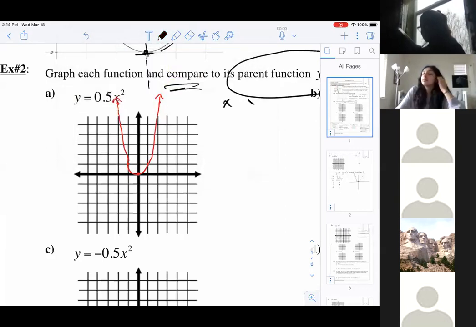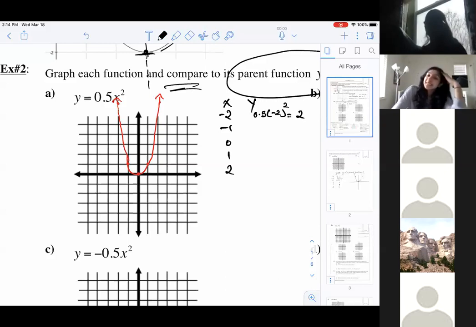Now let's make the table of values x comma y: -2, -1, 0, 1, and 2. The y value is going to be 0.5 times -2 squared, which is what? 2. That's correct.